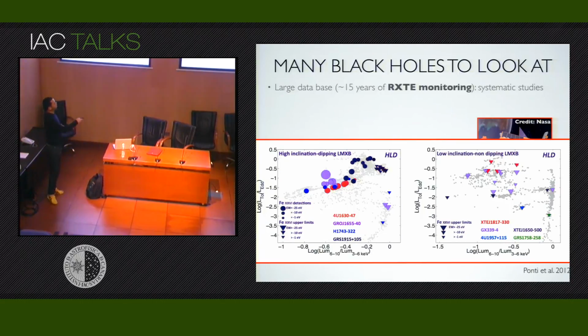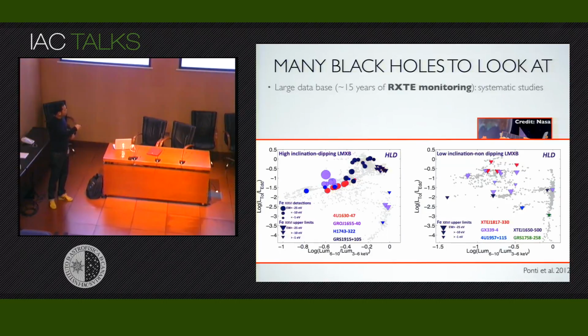Here you have the same diagram for high inclination and low inclination sources, and what they wanted is to check whether accretion disk winds are present or not in the systems. So these are the tracks I was talking about before.